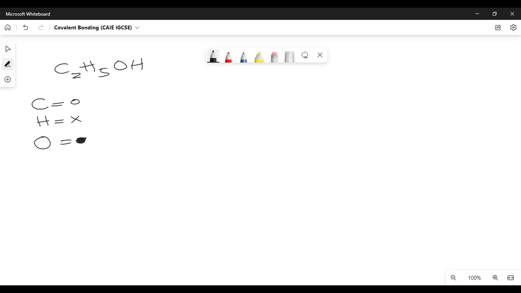So what happens is that since you already have seen the structure like this, you know that we need to draw carbon like this.